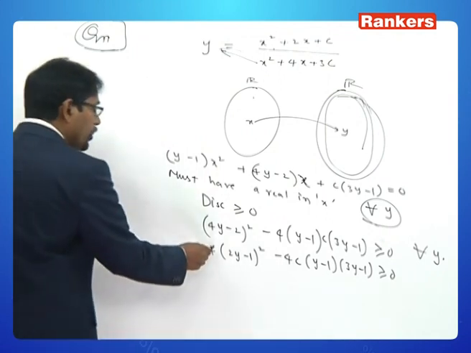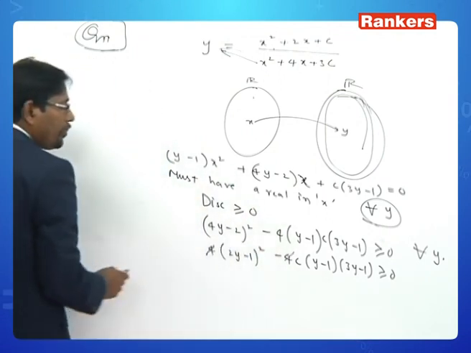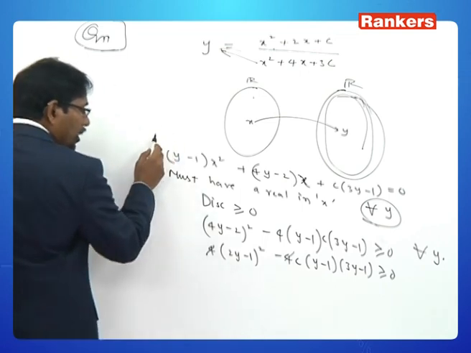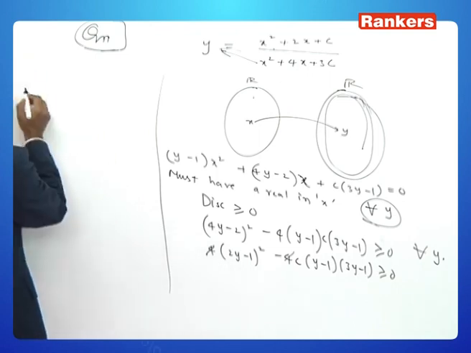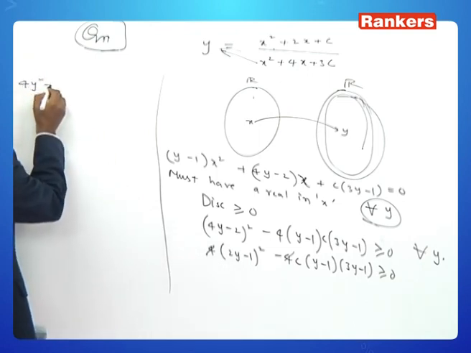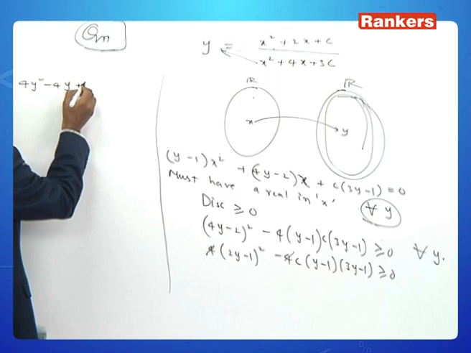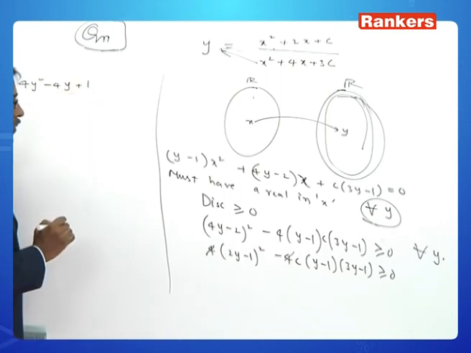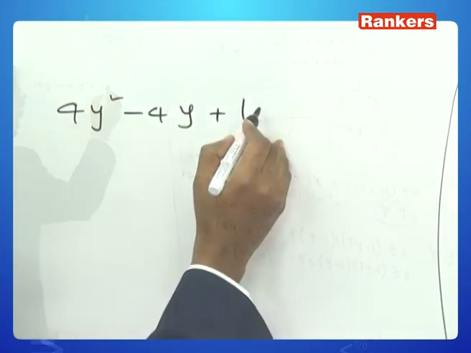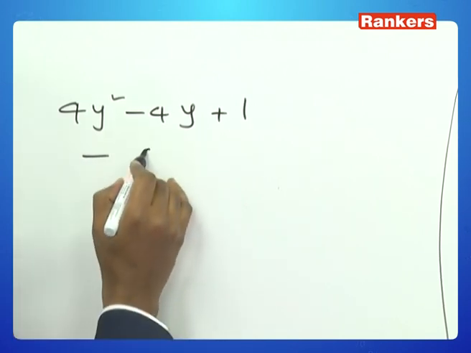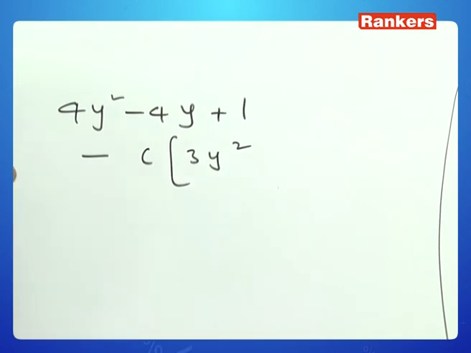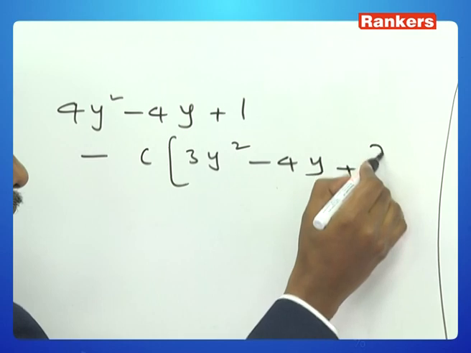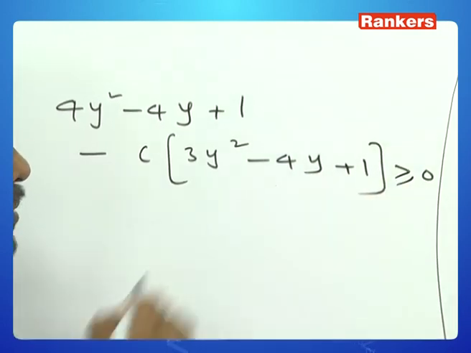Now, this 4, which is commonly coming up, we can cancel it out, and we have here 4y square minus 4y plus 1 minus c into 3y square minus 4y plus 1 to be greater than or equal to 0.